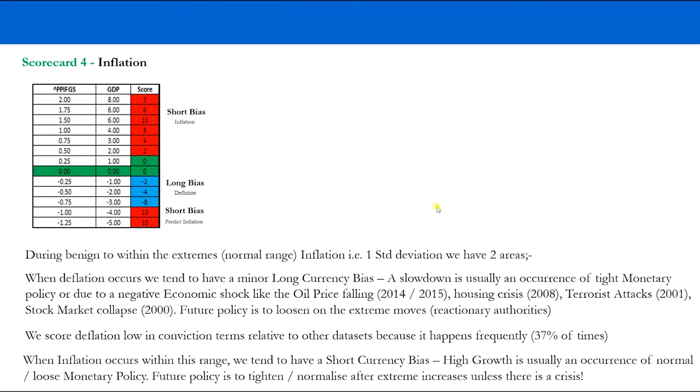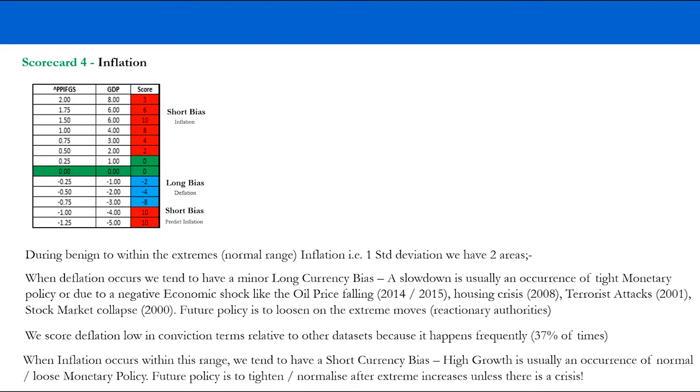If we look at this first, when deflation occurs, we tend to have a long currency bias. And this slowdown, the deflation itself, is usually an occurrence of tight monetary policy or due to a negative economic shock, like the oil price falling, the housing crisis of 2008, the terrorist attacks 2001, stock market collapse of 2000.